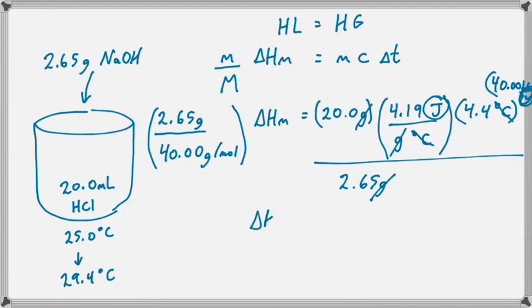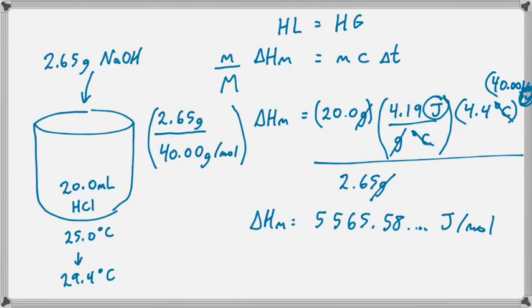So if I calculate this all out, I would go 20 times 4.19 times 4.4 times 40, and then I would have to divide by 2.65. So once you calculate that all out, you get 5,565.58, and that's joules per mole.